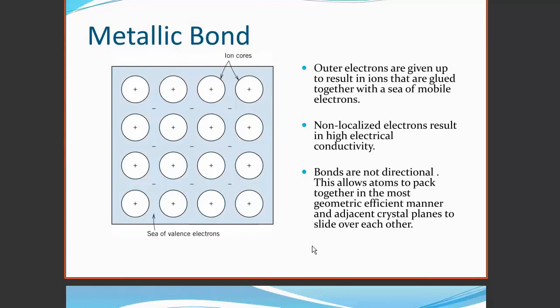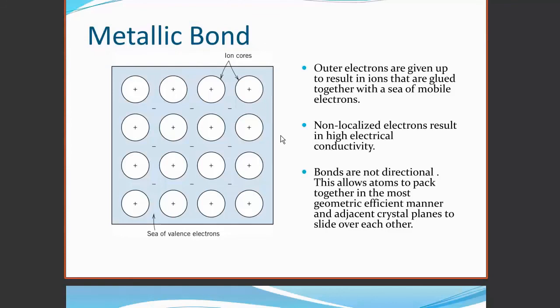In the metallic bond, we have what can be regarded as a large-scale covalent bond, in the sense that the sharing of electrons is lowering the energy of the system of atoms. In the metallic bond, we have atoms, each of which have lost some of their valence electrons to form a sea of shared valence electrons, which bonds the structure together.